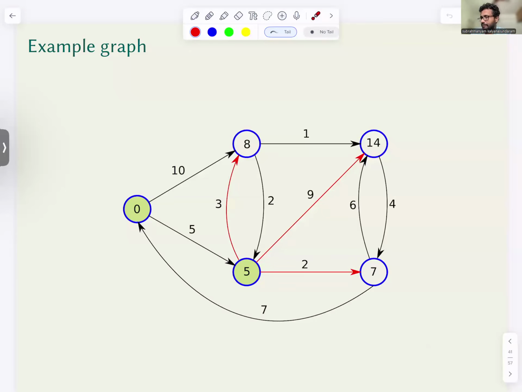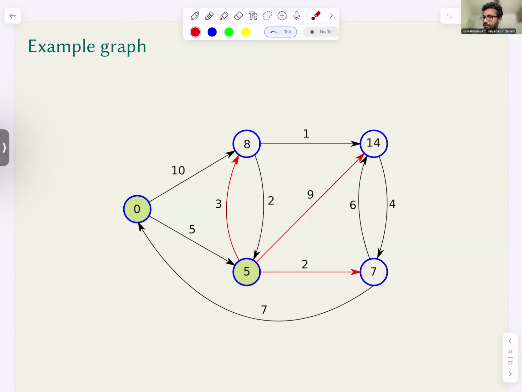Okay. Now, what is the next vertex to be DQ'd, or extracted out of the priority queue? 7. Yeah, the one with the weight 7.